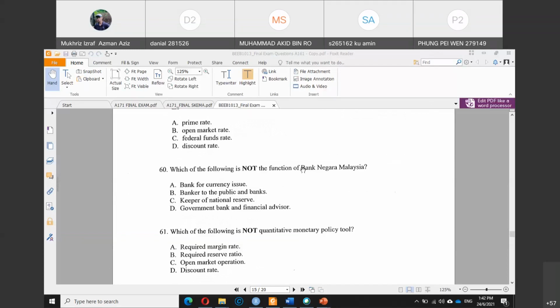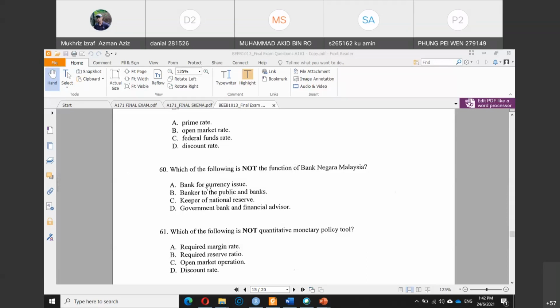So the answer should be that. I think this is quite easy to choose the answer from. It should be B, banker to the public and banks.